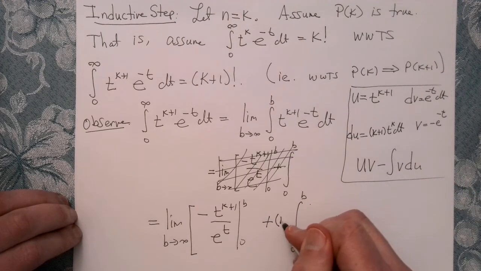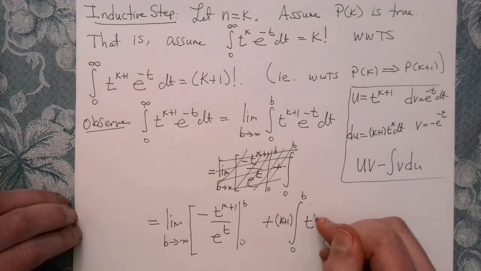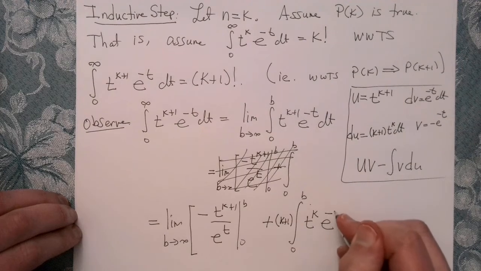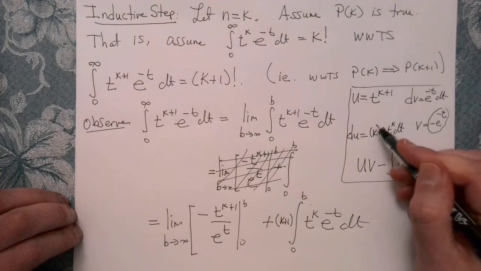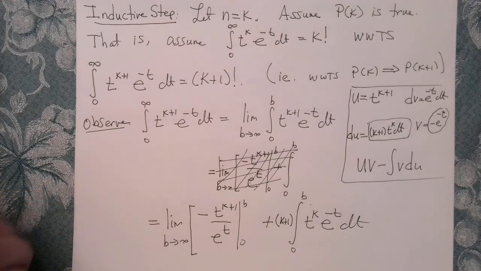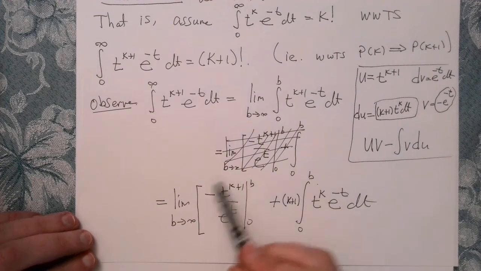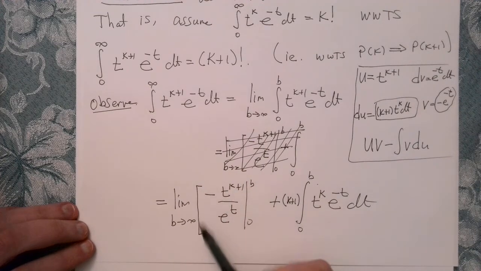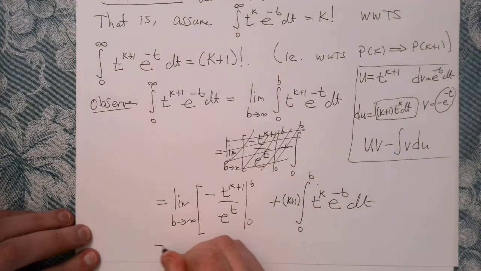For du, I've got this factor of k plus 1 in front, and that's t to the k e to the minus t dt. So that was v times du, and that product you're seeing right here. Okay, so after several applications of L'Hopital's rule, I'll leave that as an exercise, this will go to 0.